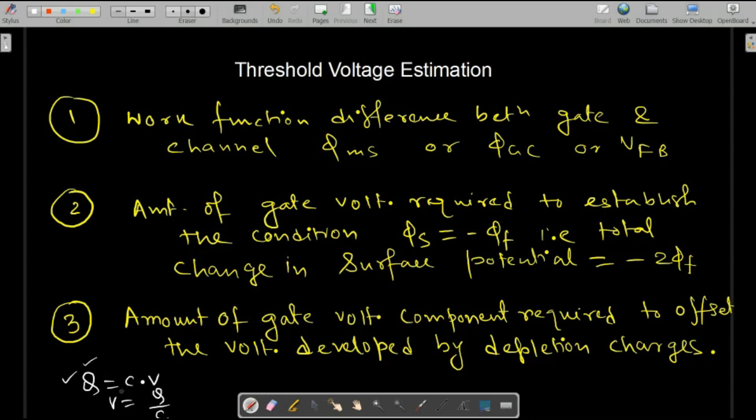So there will be some voltage component developed due to the presence of depletion charge, and that voltage will be Q by C.